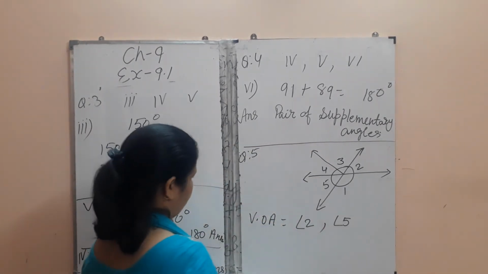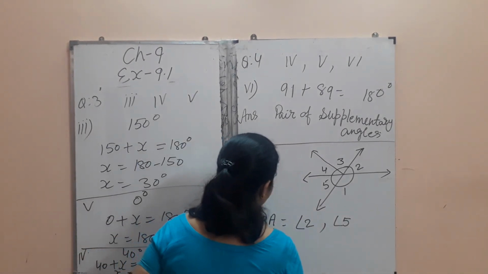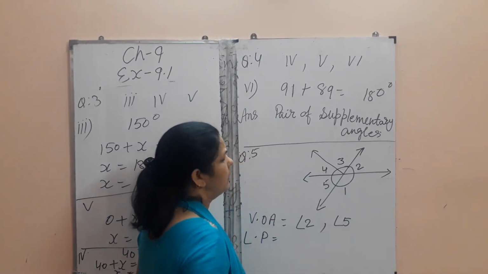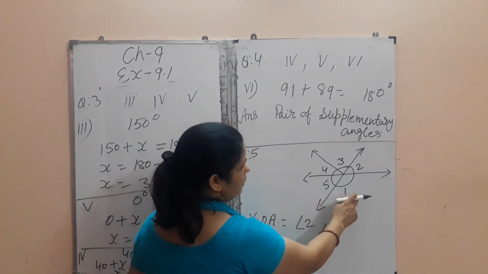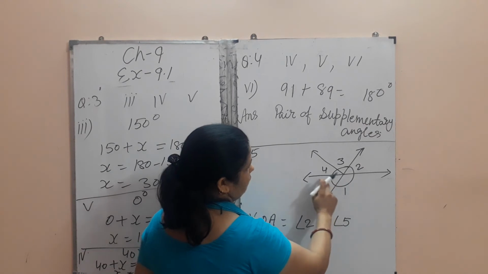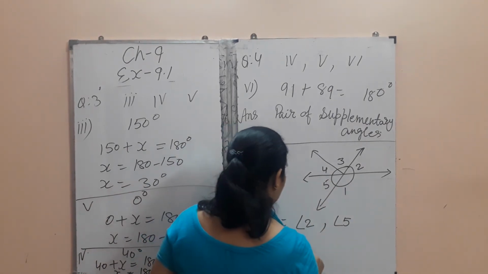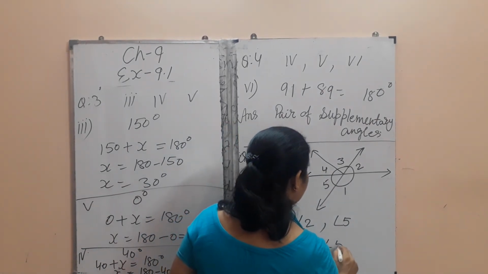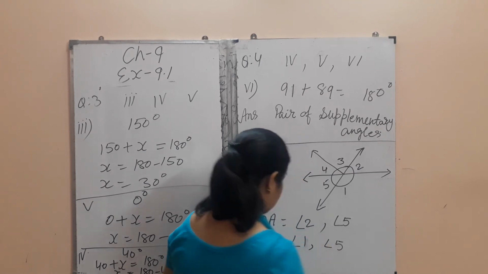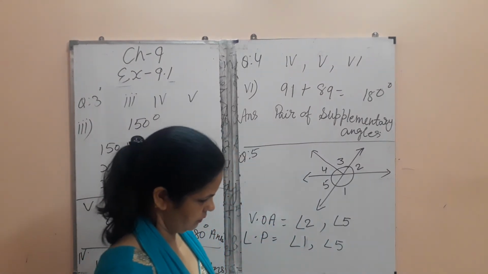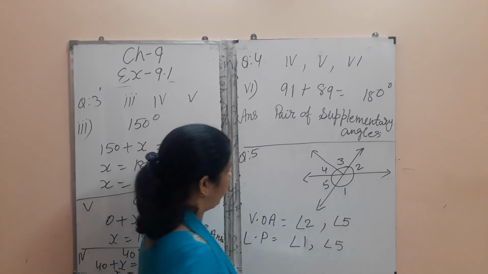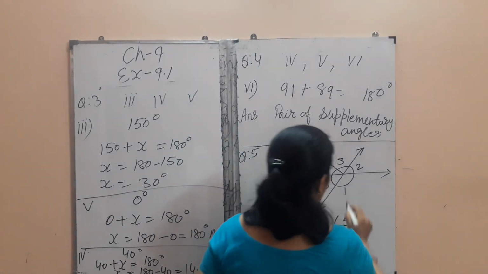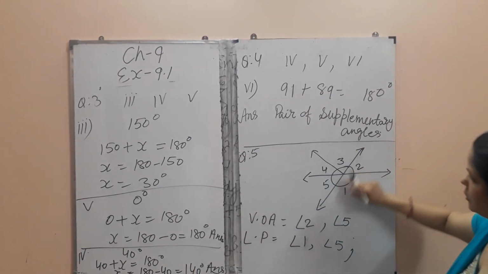Next is the linear pair. In a linear pair, two angles form 180 degrees. So angle 1 and angle 5 are a linear pair. Understood?